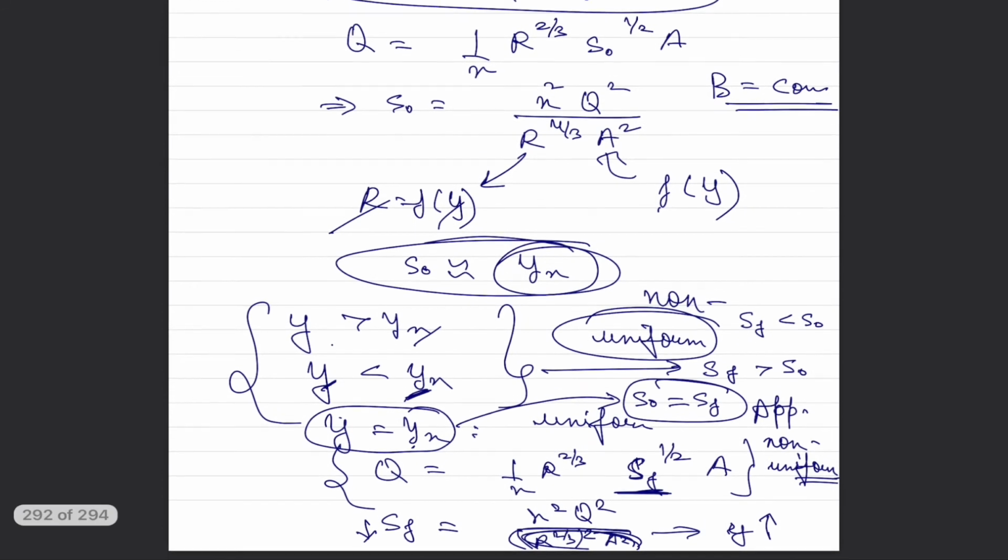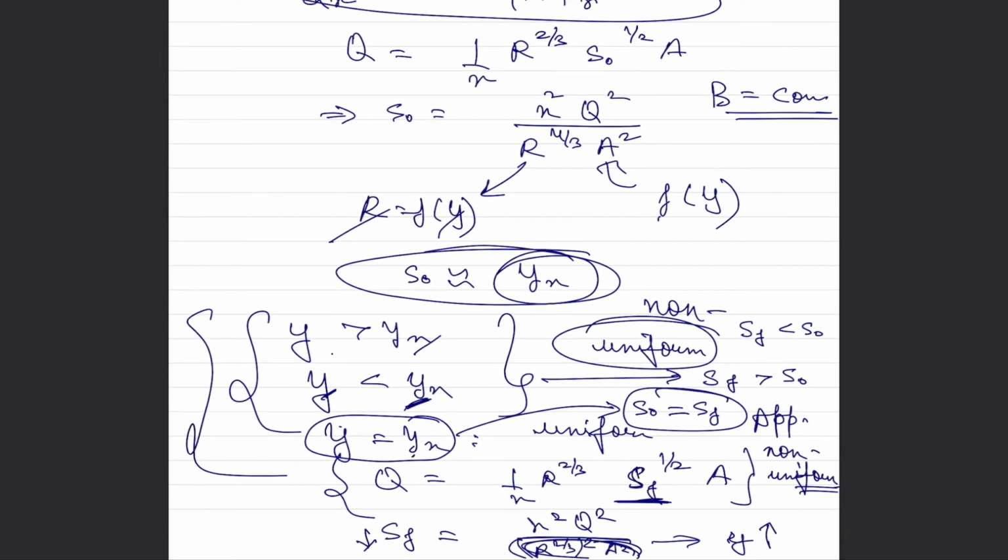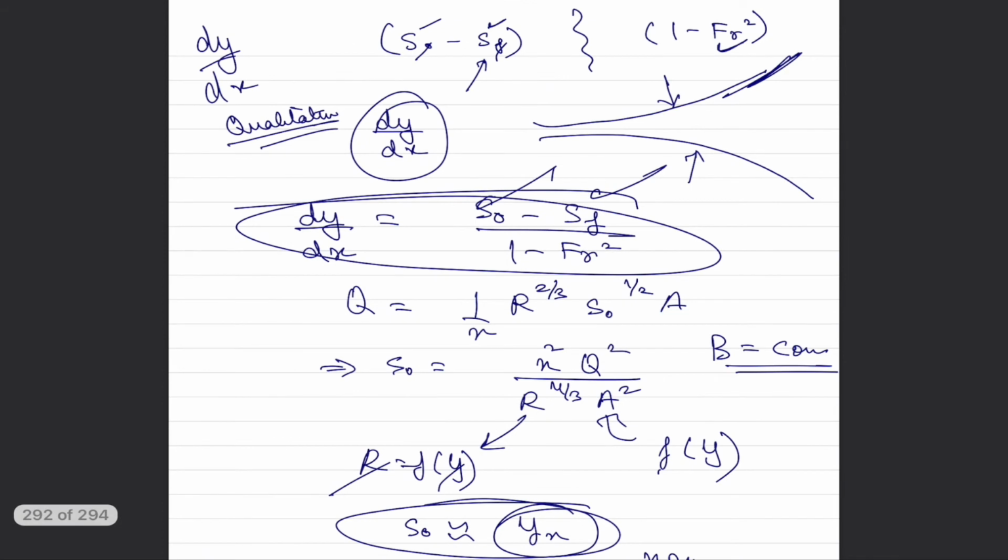That is why we have done this prologue, to address dy by dx equal to S naught minus SF divided by 1 minus Froude number square. But before we go there, let us also look into slopes of channel bed.